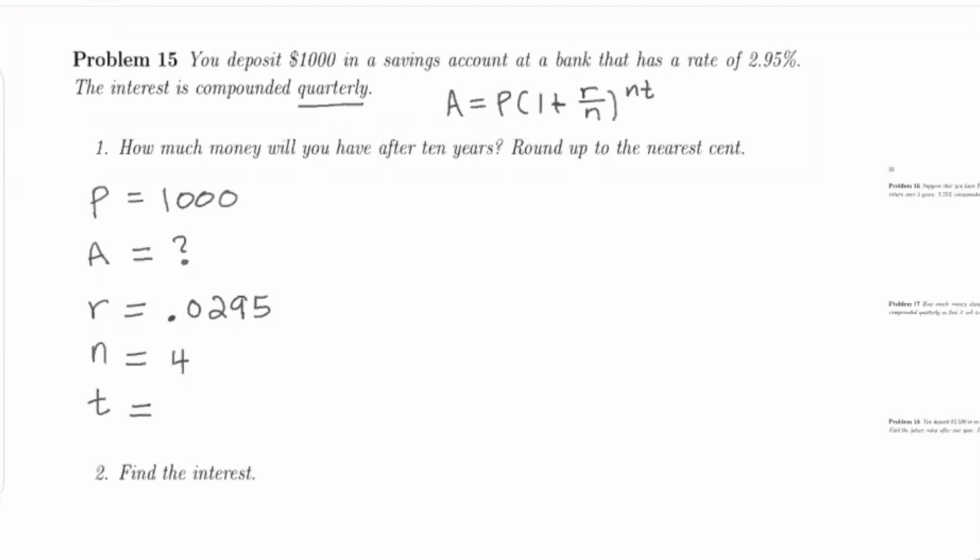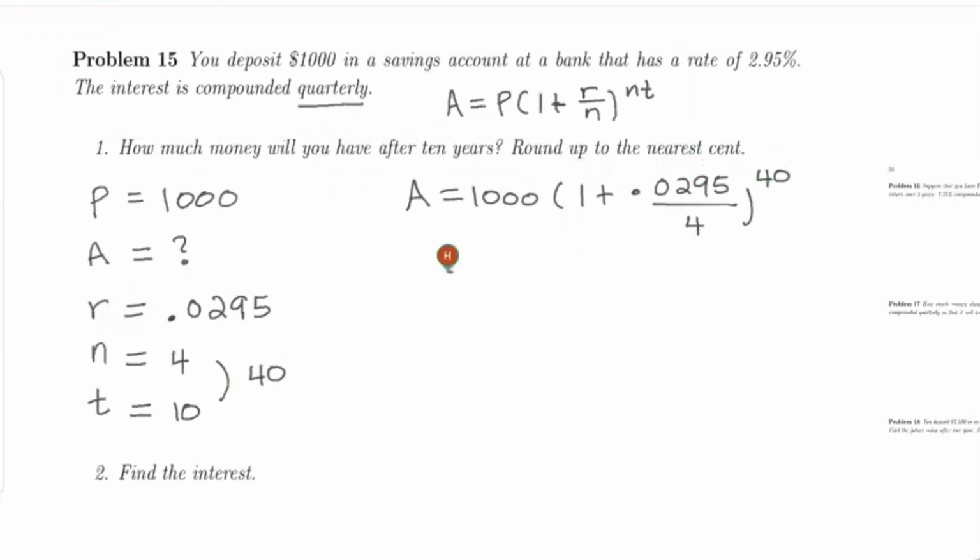Let's put A equals 1,000 times (1 plus 0.0295 over 4). Combine this together, which is 40, and put that into the exponent 40. Caitlin, do you have a number? I've got 1,341.67.